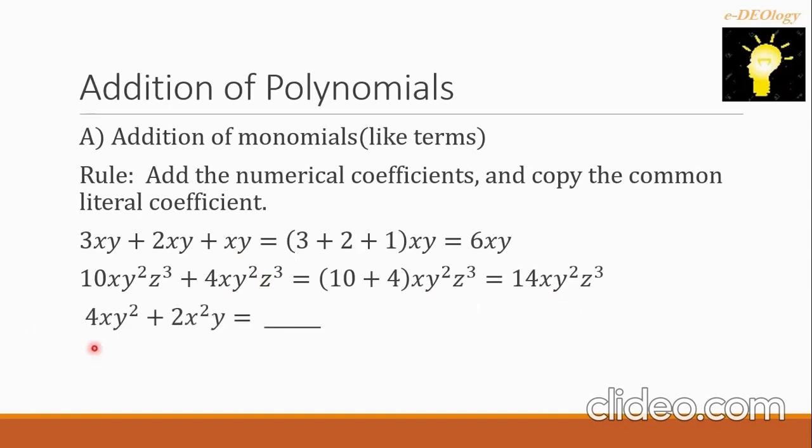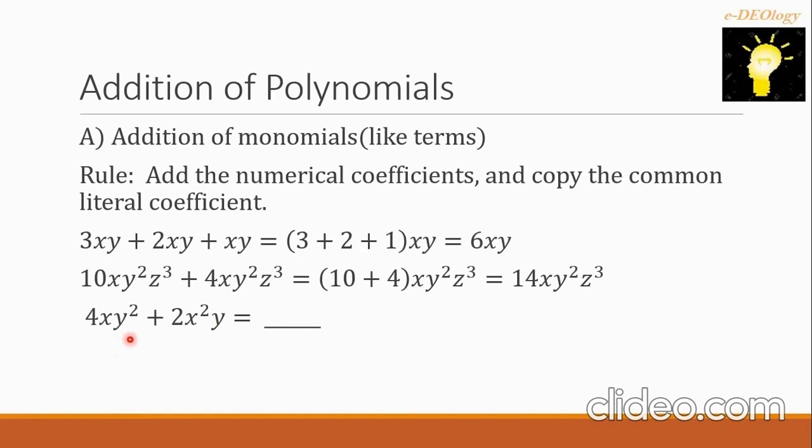Third example, 4xy squared plus 2x squared y. Looking at the literal coefficients, it seems there is a problem here. Here x and y are there, but the exponents compared with the second term are not the same. Here is x with exponent 1, here there is an x with exponent 2.